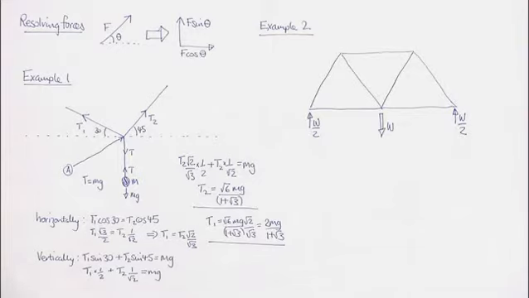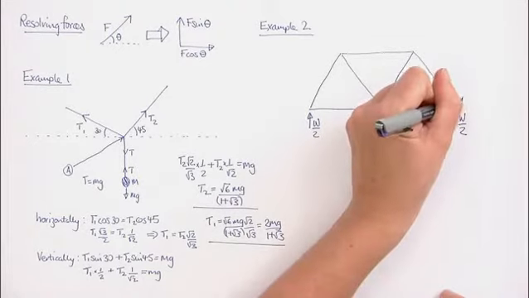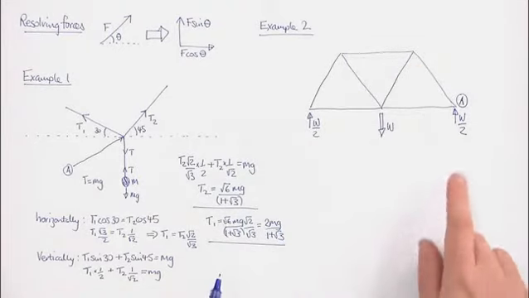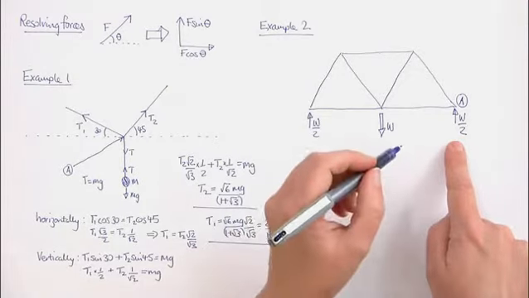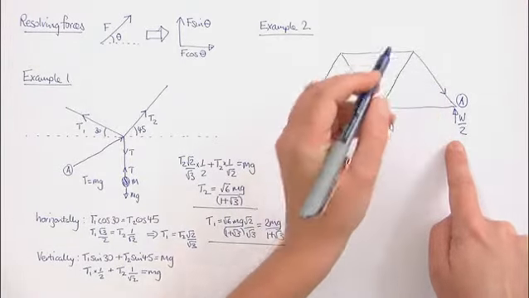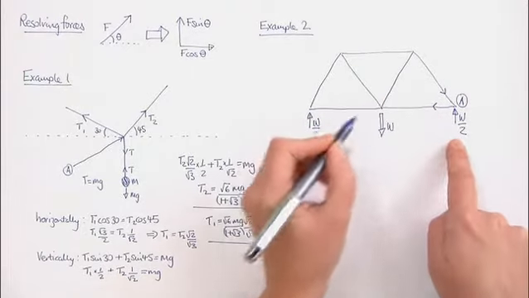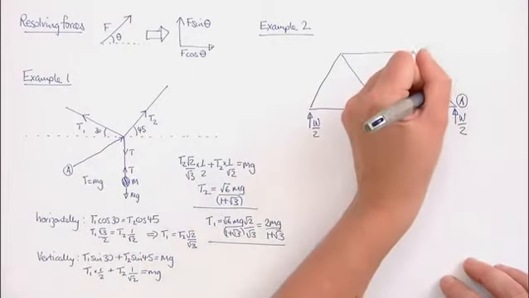Now let's consider internal forces. So let's resolve forces at A. So there's this external force and there are these 2 internal forces from the rods forming the bridge.